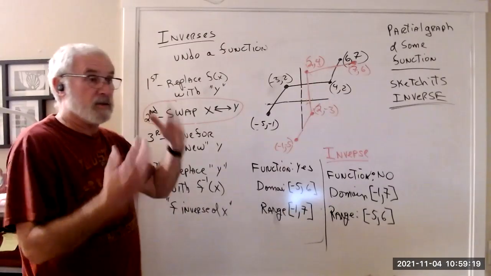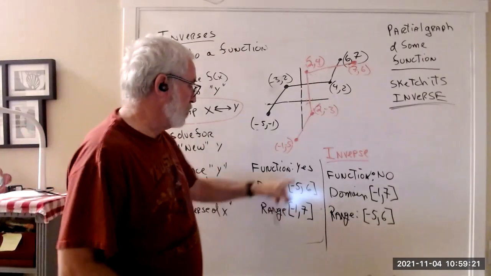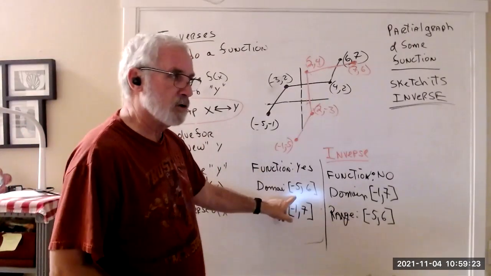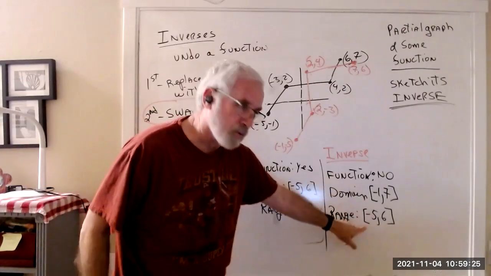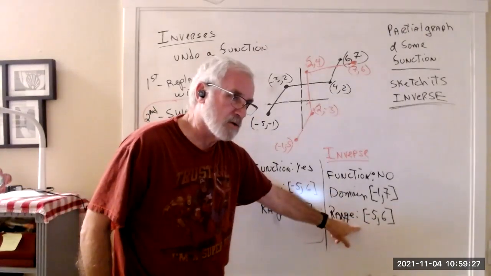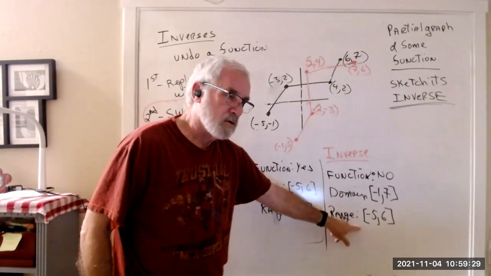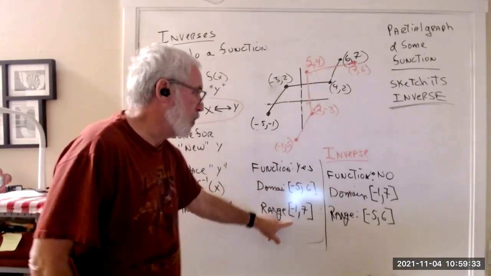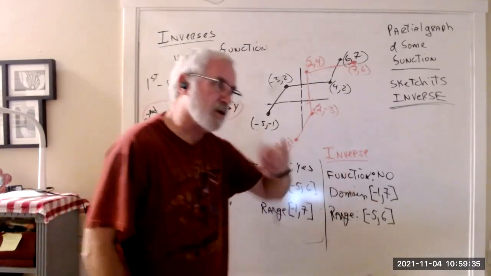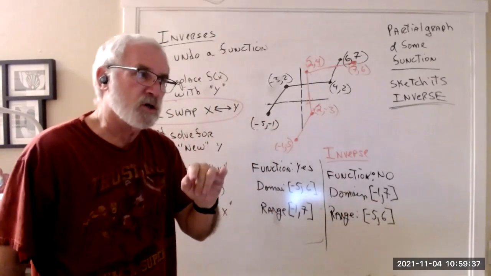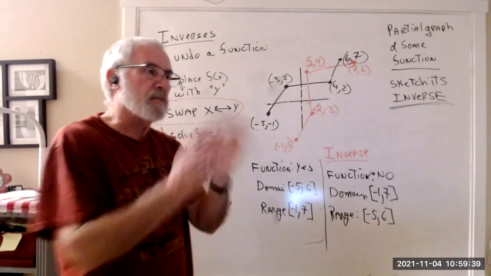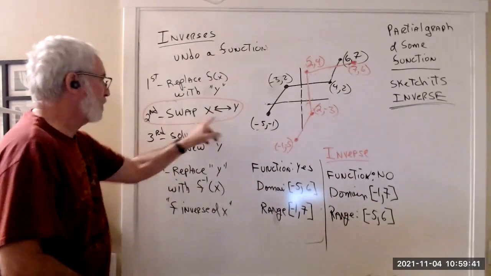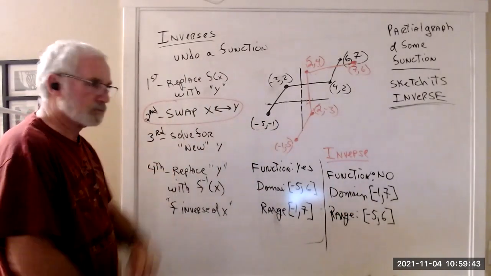So, cool little trick: if you know the domain of the function, you automatically know the range of its inverse. Or if you know the range of the function, you know the domain of its inverse. They're always switched. They're the same numbers, but switched because we swapped the X's and the Y's.